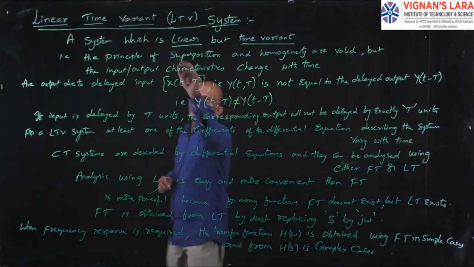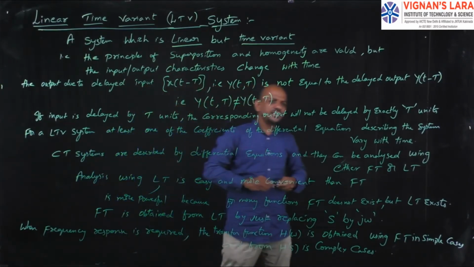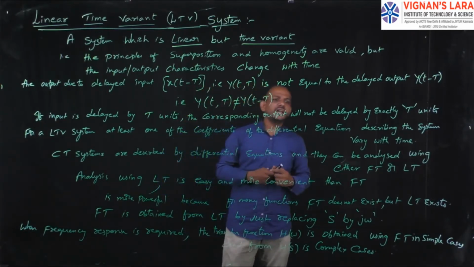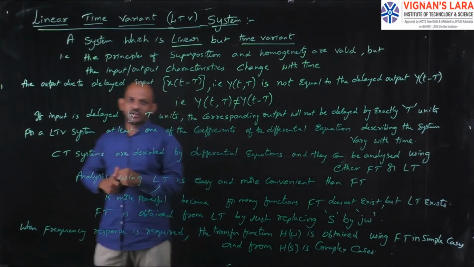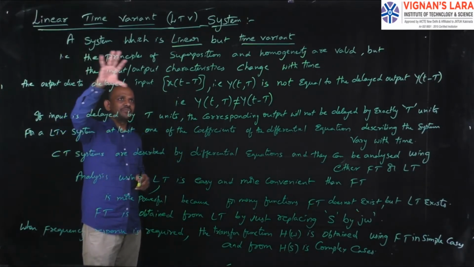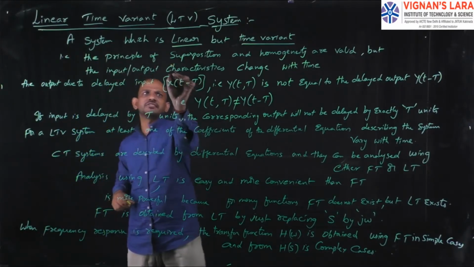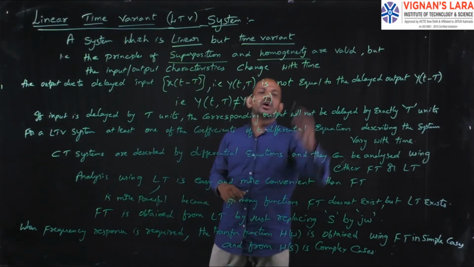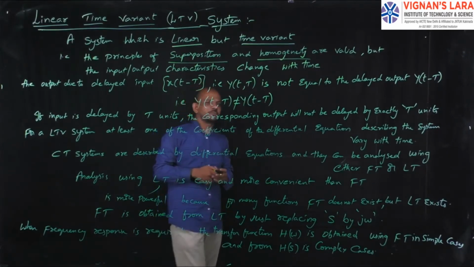Okay, now come on to the linear. We all know linearity. When we say a system is linear, if it satisfies the principles of superposition and homogeneity, then I can say that the system is a linear system. If I want to say a system is a linear time variant system, first it has to satisfy the principles of superposition and homogeneity, that is, both principles are valid.